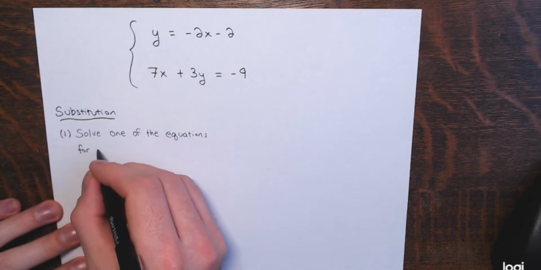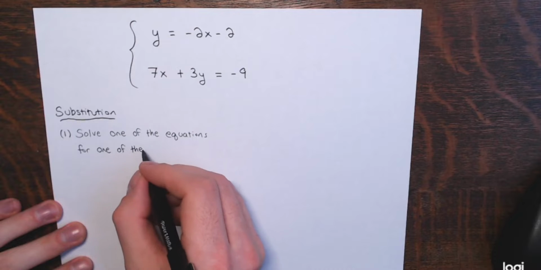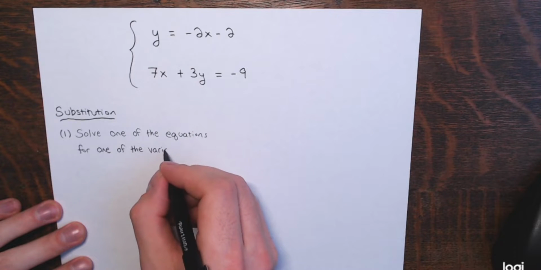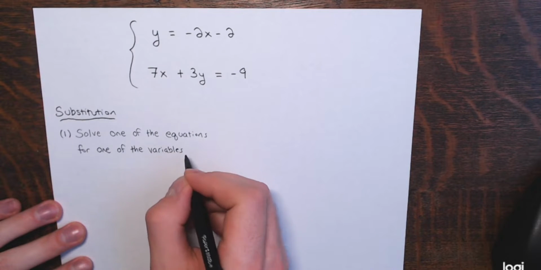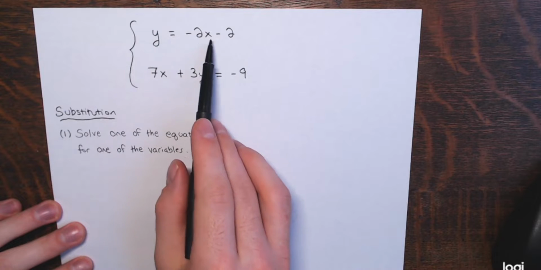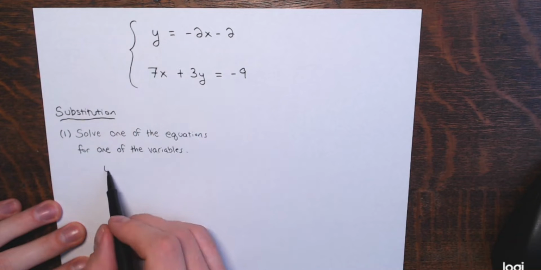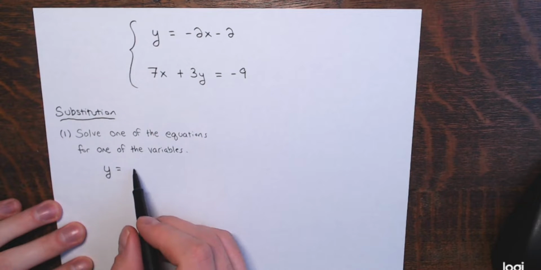Just pick one. Now that's already done here for us, right? We don't have to do much because you see how the first equation, the top equation, is already solved for y, right? Y is already by itself, so I got that. Done with step one.